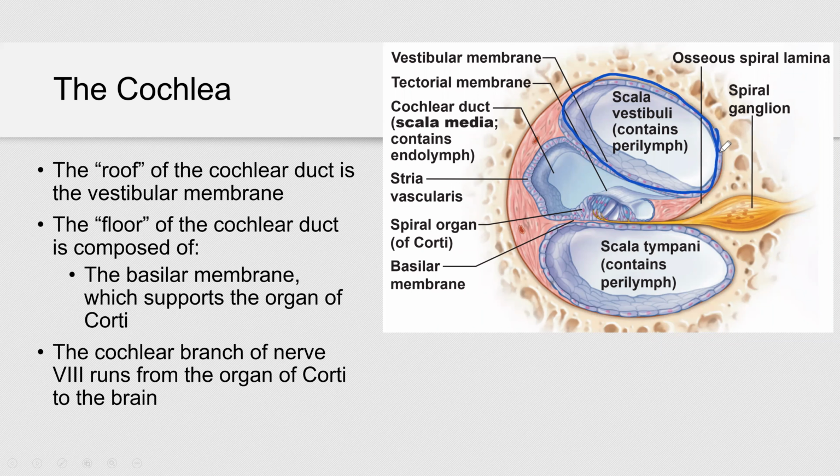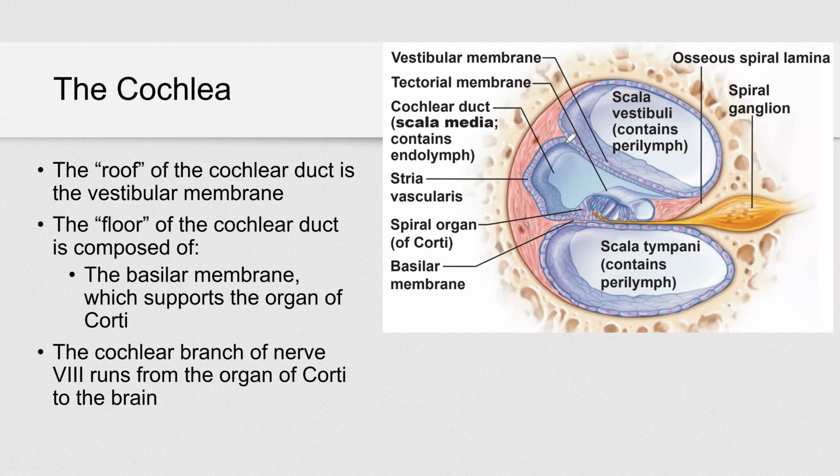So that's a membrane covering your scala vestibuli, and this is a membrane covering scala tympani. It says here you have perilymph, and this is the cochlear duct, and you have endolymph over here. Now we are interested in the cochlear duct. Why? Because this is where we have our sensory part or our receptors for hearing.